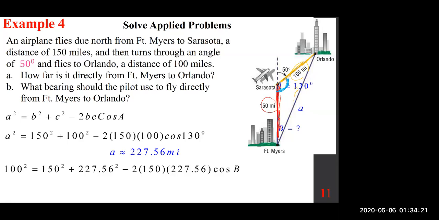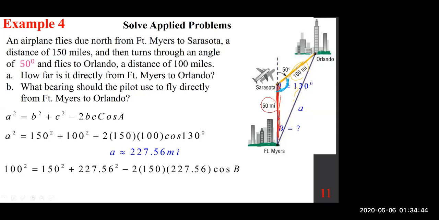So that's 100 squared. So you're looking at a squared equals b squared plus c squared minus 2bc cosine. You can always use the same formula. Understand the meaning of that. A is the one that is opposite the angle of interest. So the opposite of angle B is 100 miles. Do you see that?